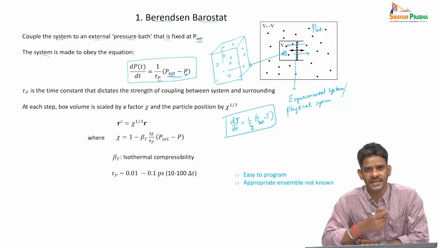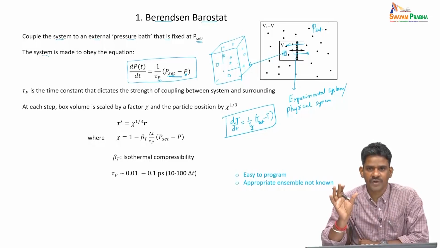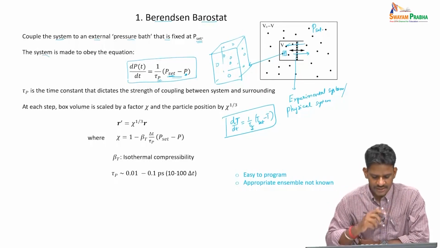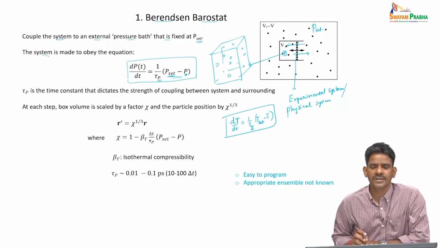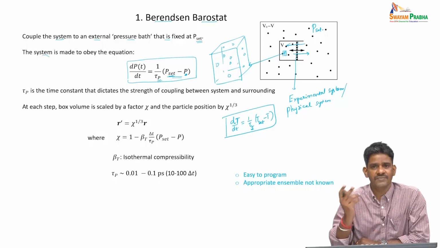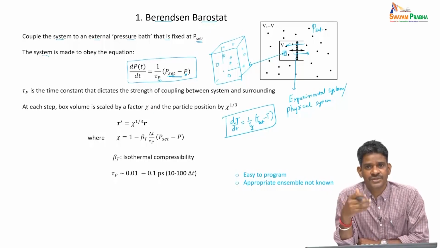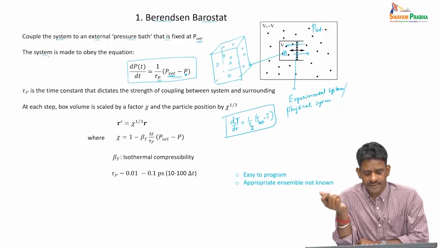The way we do that is we take the coordinates of the particles, and then we scale the particle coordinates with a certain scaling factor. In the same way we did in the Berendsen thermostat, where the velocities were rescaled by a factor lambda.